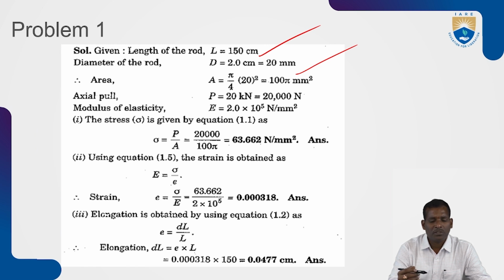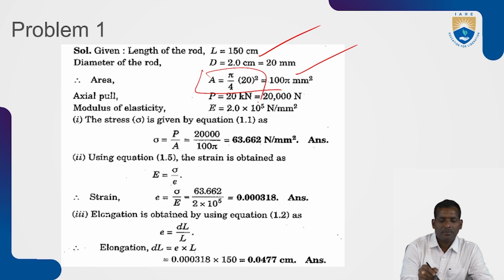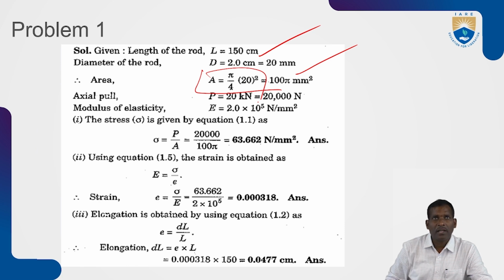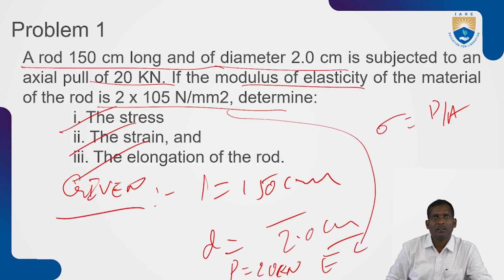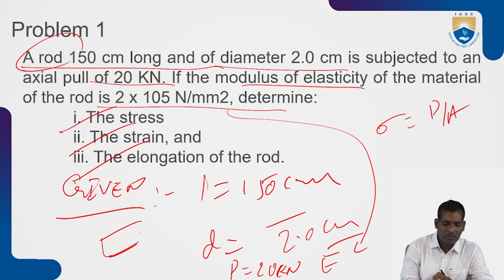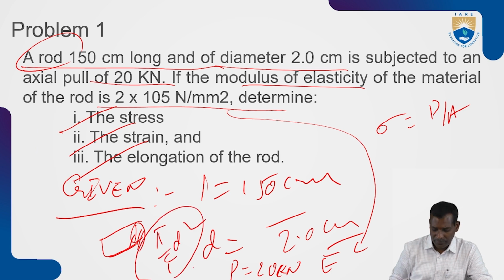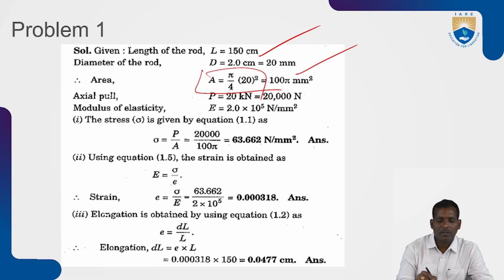First of all, calculate the area. How do you calculate the area? That is based on the given cross section. Here the section is a circular rod, so the area is pi by 4 into d square. The diameter is 20, and calculating gives the area.